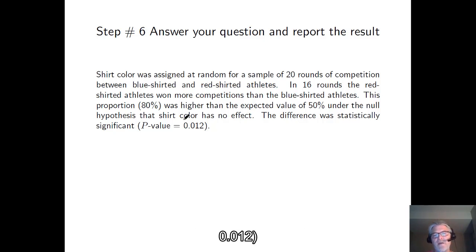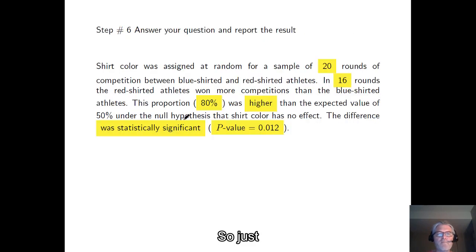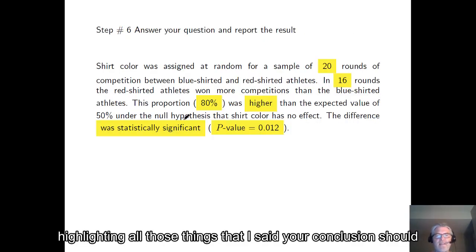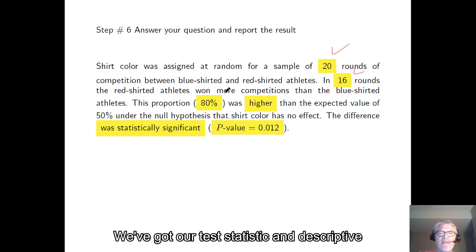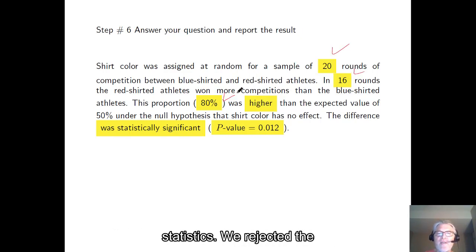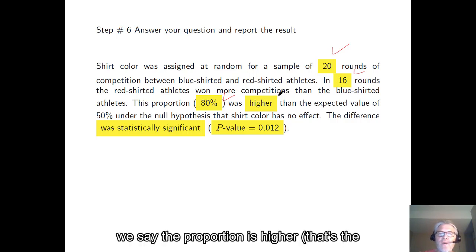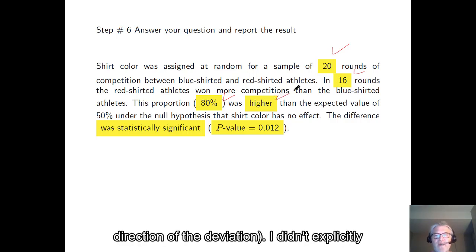P-value is 0.012. Okay? So just highlighting all those things that I said your conclusion should include. We've got the sample size in there. We've got our test statistic and descriptive statistics. We rejected the null, so we say the proportion is higher. That's the direction of the deviation.